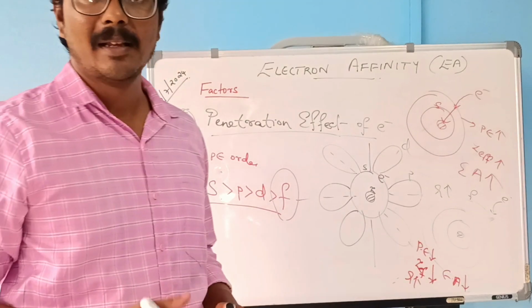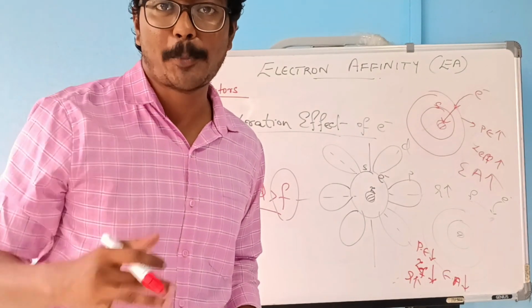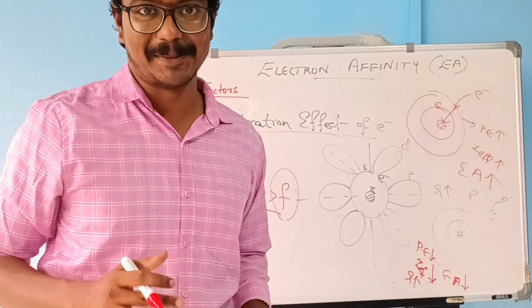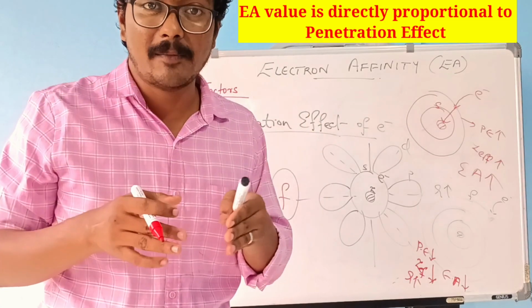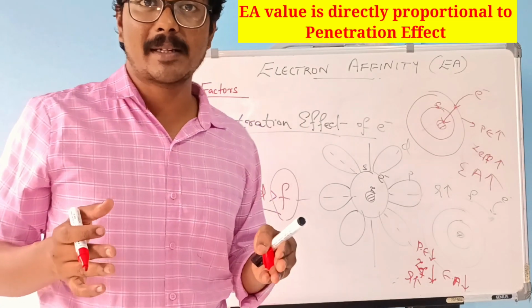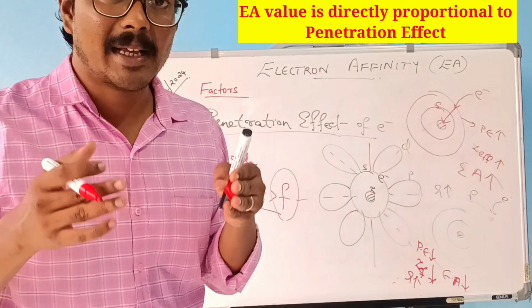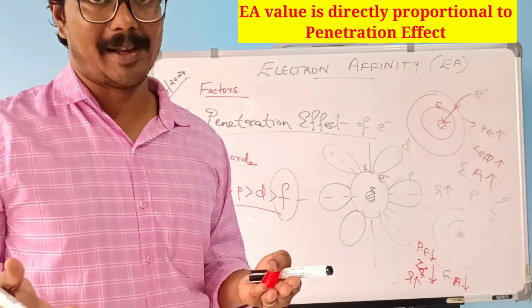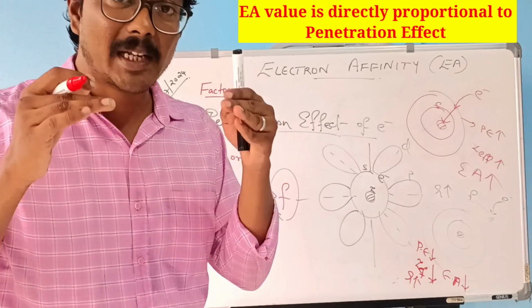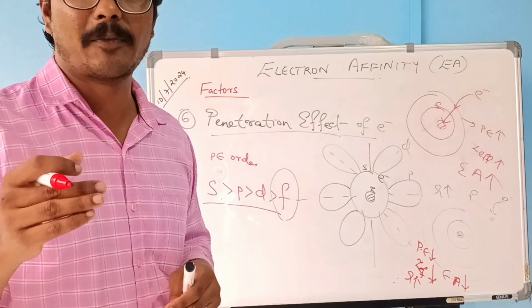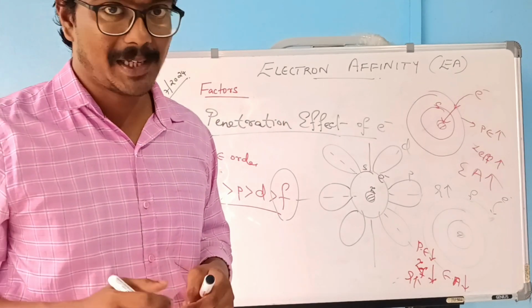So we can say that penetration effect is proportional to electron affinity. When an electron is added onto a shell which has very high penetration effect, the electron affinity is also very high. When an electron is added onto a shell which has very low penetration effect, the electron affinity is very low. Okay.